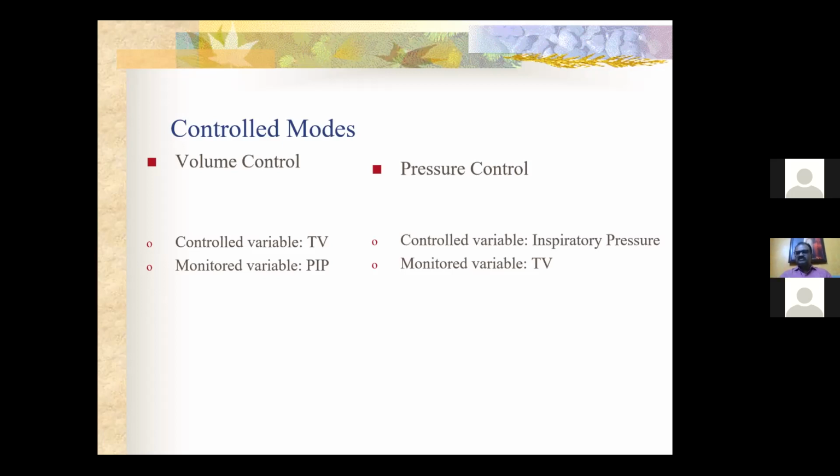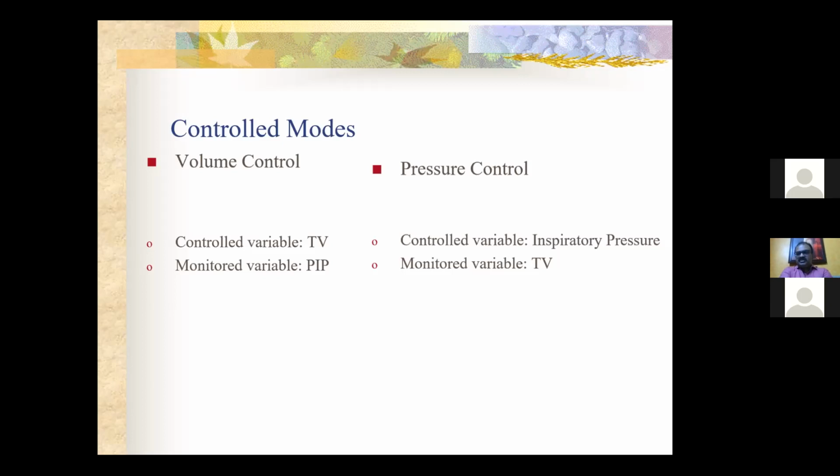You have to keep a watch on it, so in volume control you will look for the peak inspiratory pressure alarms. You have to keep it below 30, but it's basically the P plateau that we are going to monitor in case of volume control. The monitored variable will be the peak inspiratory pressure. We'll see it later when we are setting the alarms.